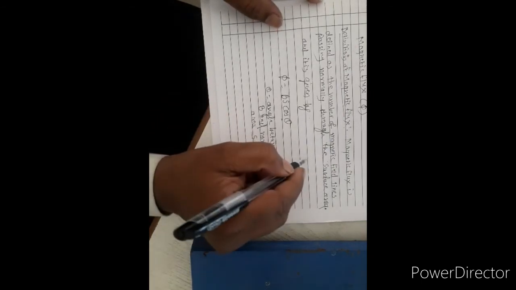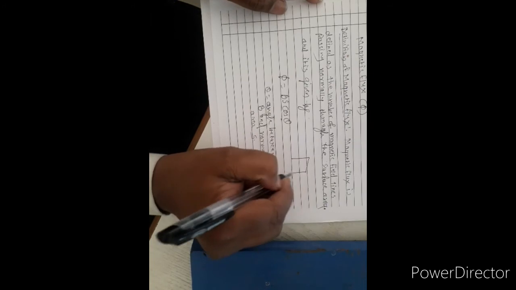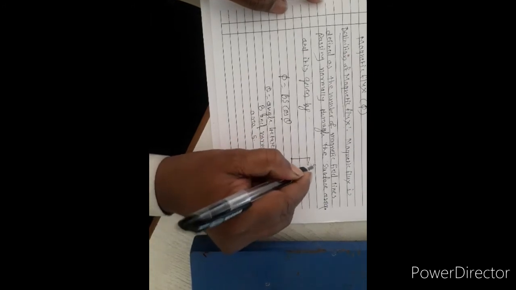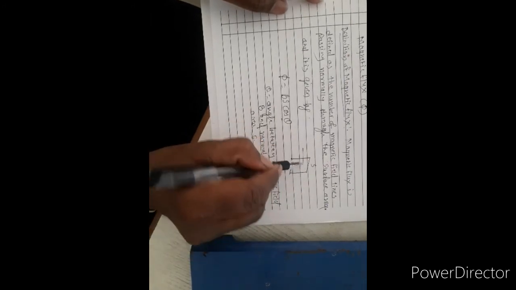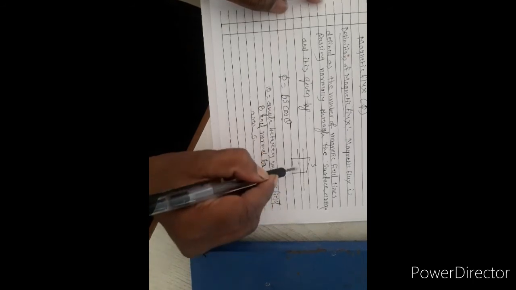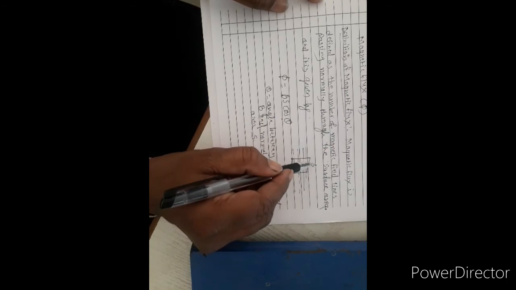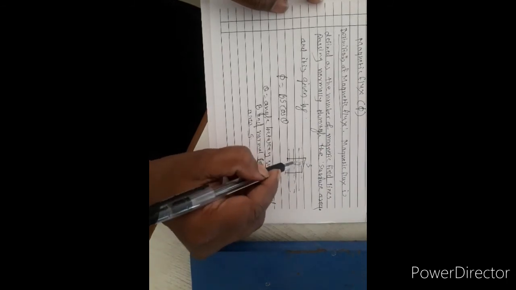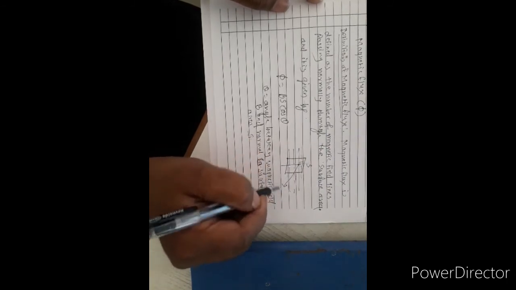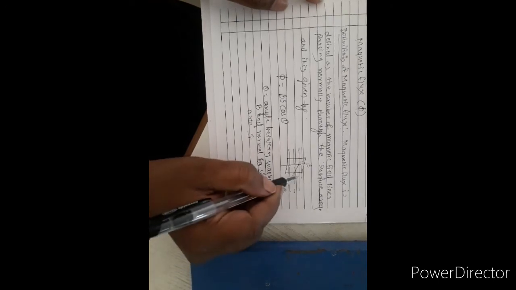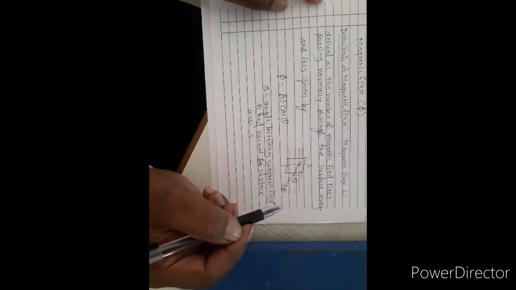Suppose that this is a surface area S and a magnetic line of force is passing through this area like this. So this is the normal, meaning making a 90-degree angle, and this is B. This angle can be denoted by theta.